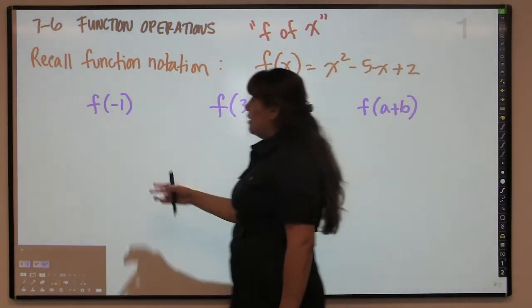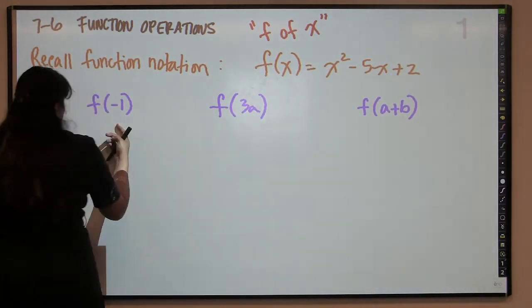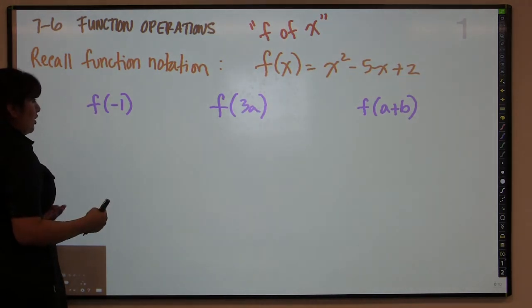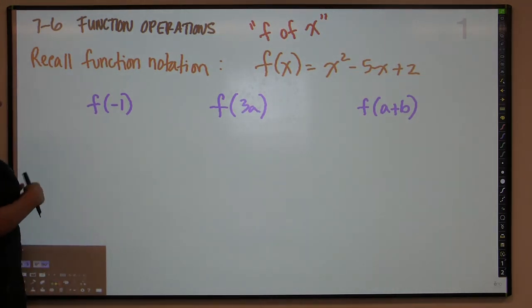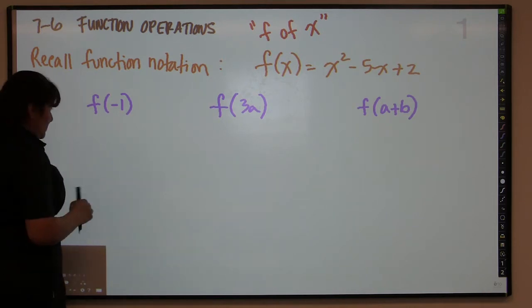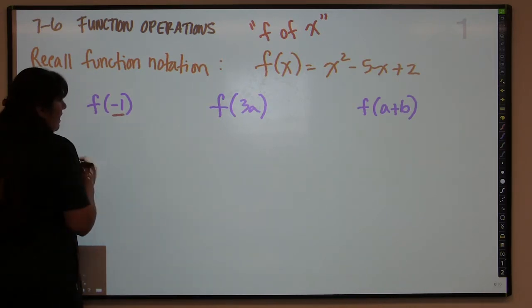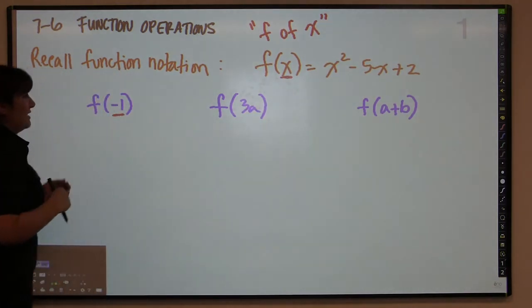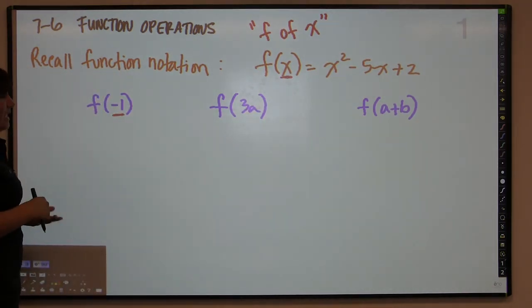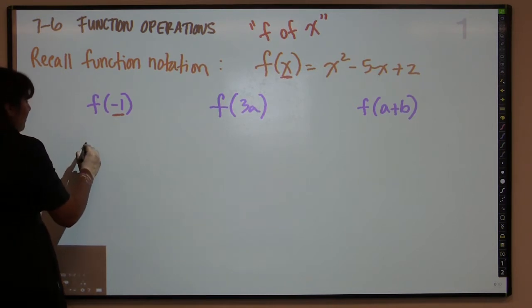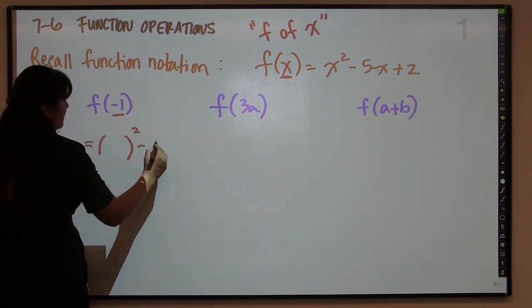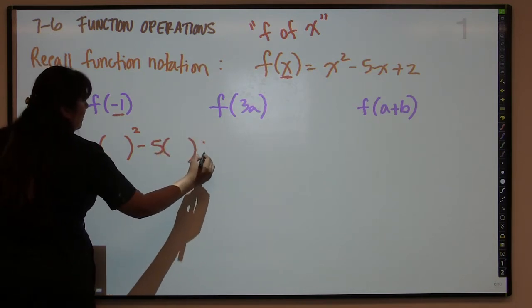So basically, when I look at something like this where it says f of -1, what it's really asking me to do is to find the value of the function f when the x value is -1. As you can see, I've replaced here the x in the notation with a -1. So basically, it's asking me to plug -1 in place of x. So to get the value, I'm going to take x squared minus 5x plus 2.